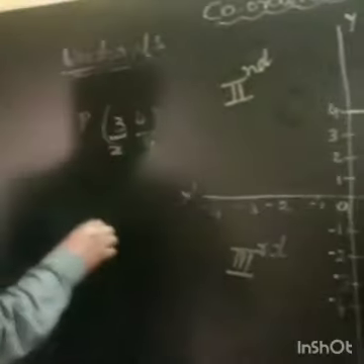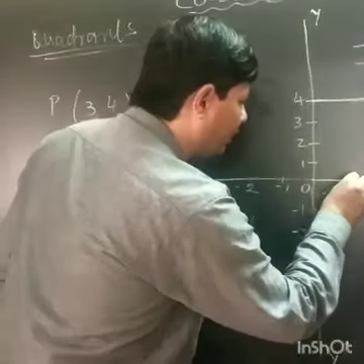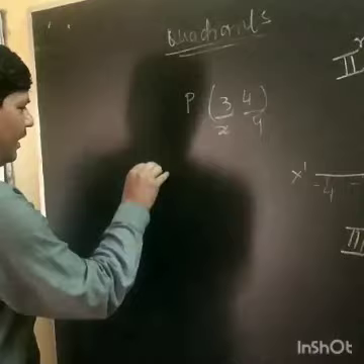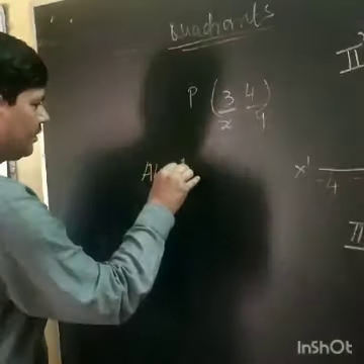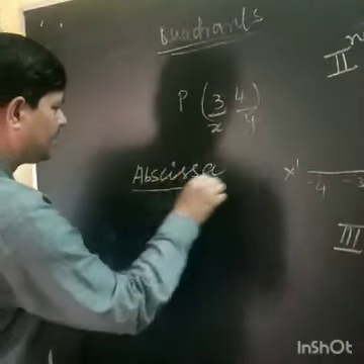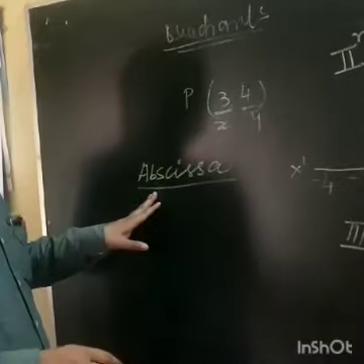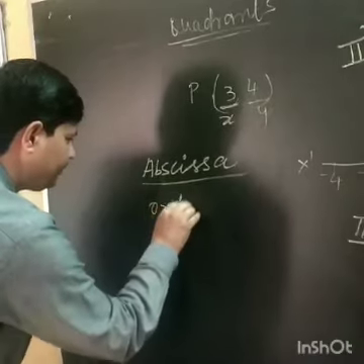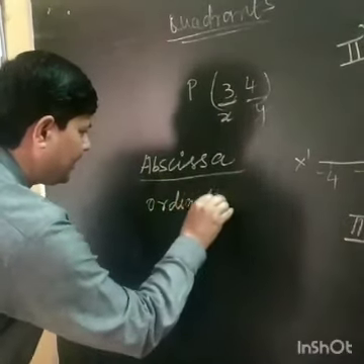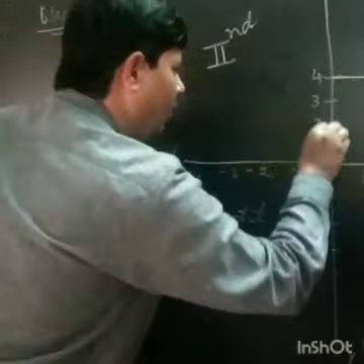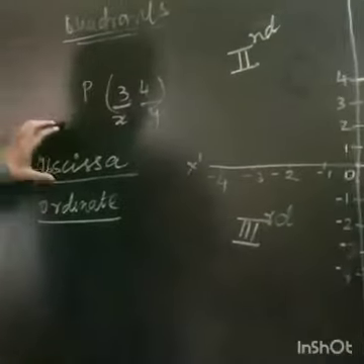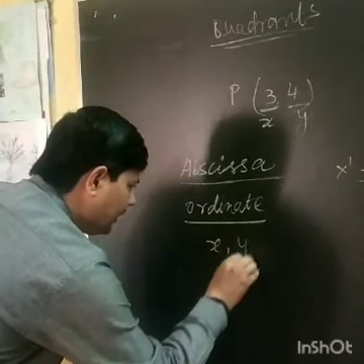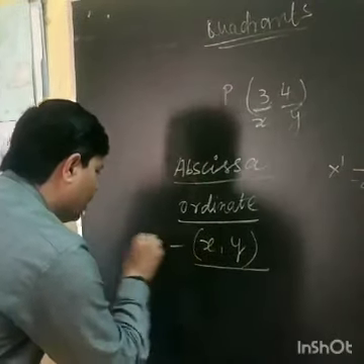The distance traveled by a point on the x-axis is called the abscissa. The distance traveled by a point on the y-axis is called the ordinate. The abscissa and ordinate written in a bracket with a comma are called the coordinates.